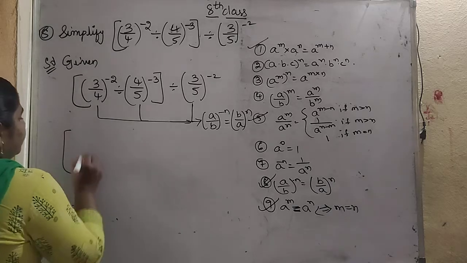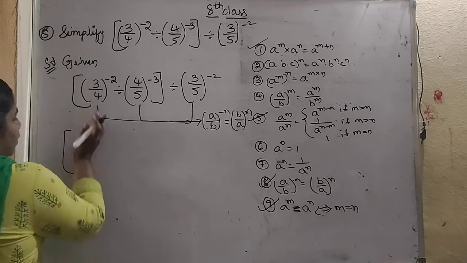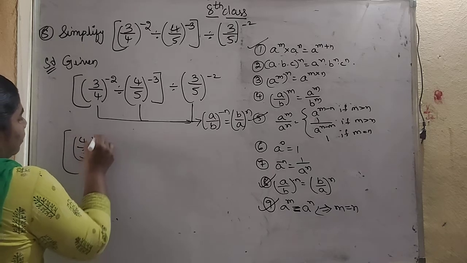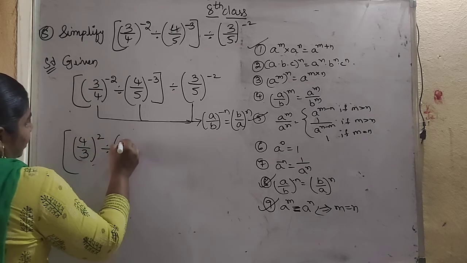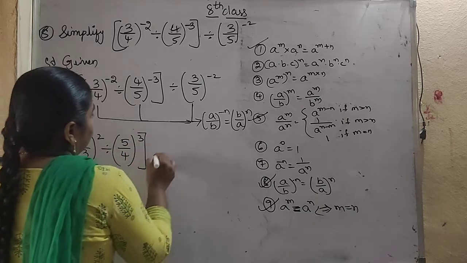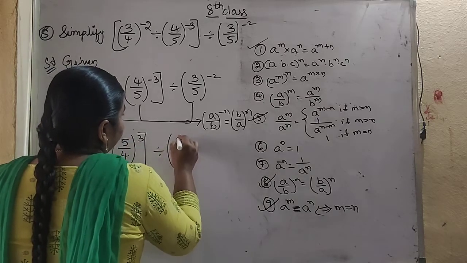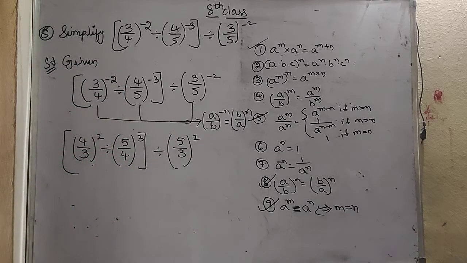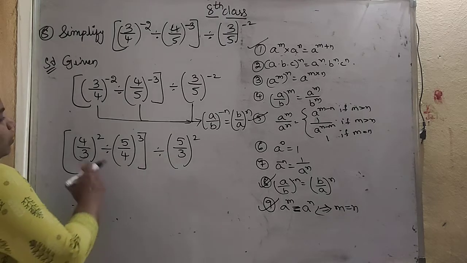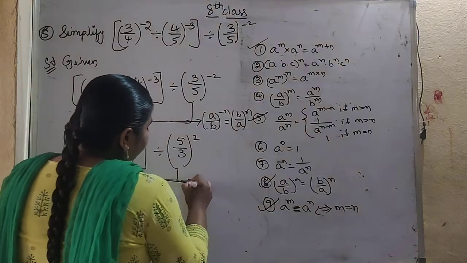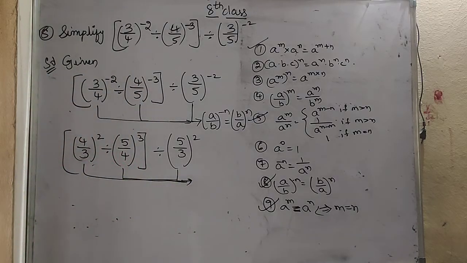So that will be 3 by 4, sorry, that will be 4 by 3 whole power 2 divided by 5 by 4 whole power 3 divided by 5 by 3 whole square. Now for all the terms I'm using a single formula. What is that formula?